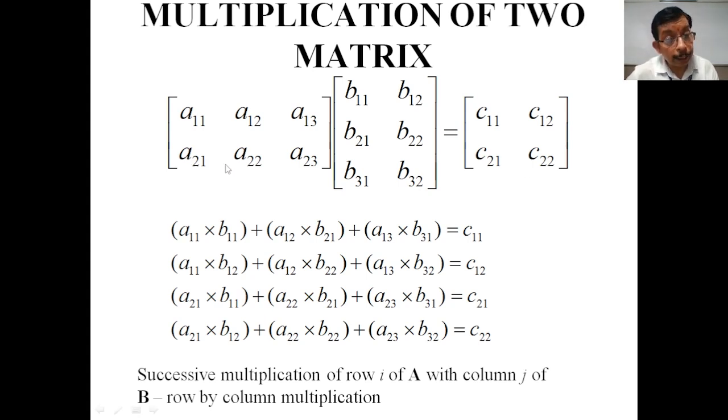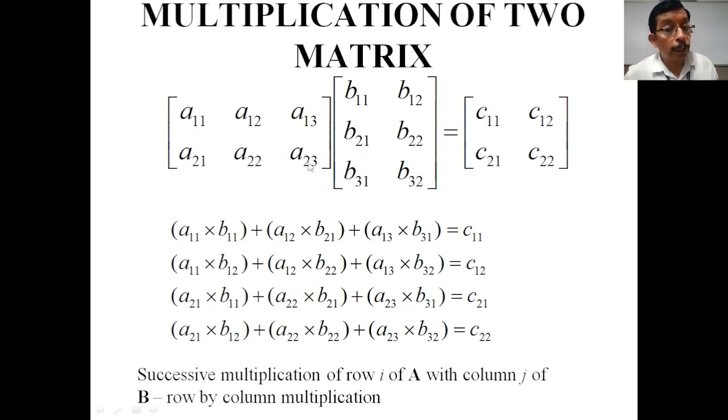Now we take the second row of the first matrix and multiply by the first column of the second matrix. Similar process: A21 multiplied by the first element of the first column of matrix B, B11, so we receive A21 B11. Then the second element of the second row, A22, multiplied by the first column's second element B21.